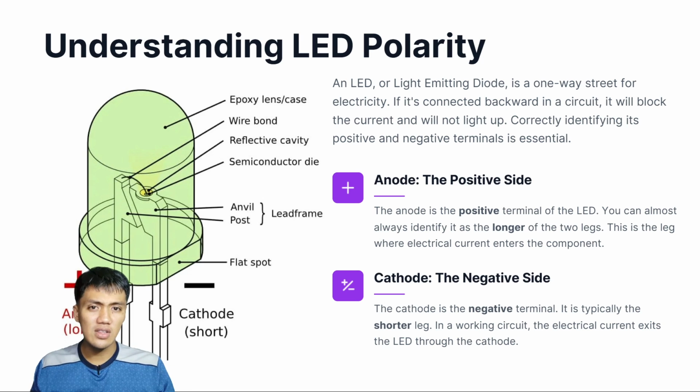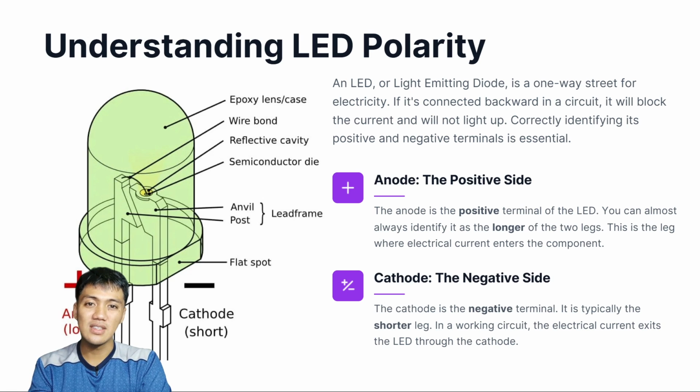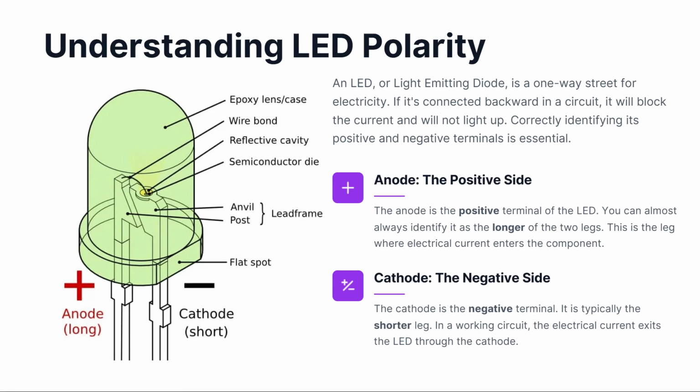In conventional terms, in electronics or electricity conventions, this is where electrical current enters through the component. By convention, by agreement, we say that the electrical current enters through the anode, and it exits to the cathode, our negative terminal. In our LED, it is the shorter.